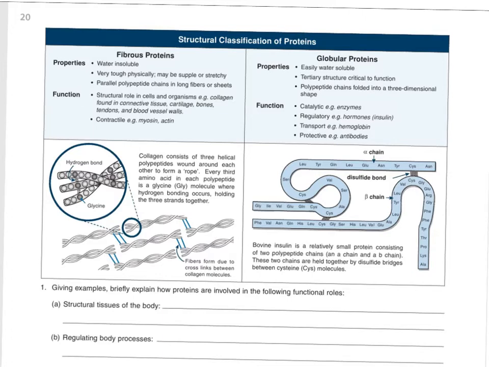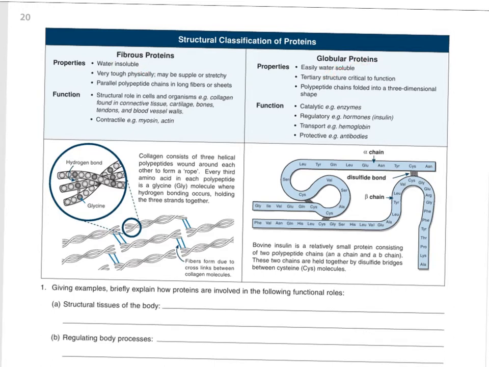Are your organs made of fibers? The stuff that's called connective tissue, the stuff that holds your cells together, the cartilage in your nose and your ears, the tendons, the blood vessel walls, they're all made of these fibrous proteins, these structural proteins.